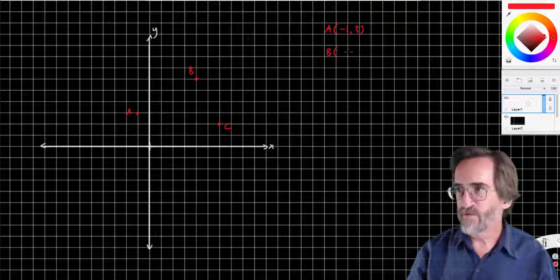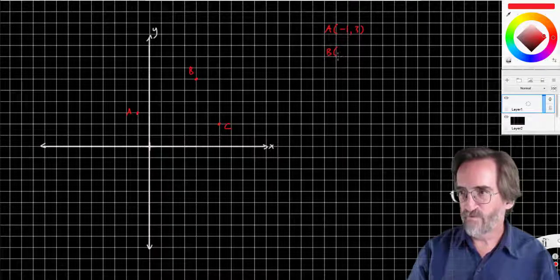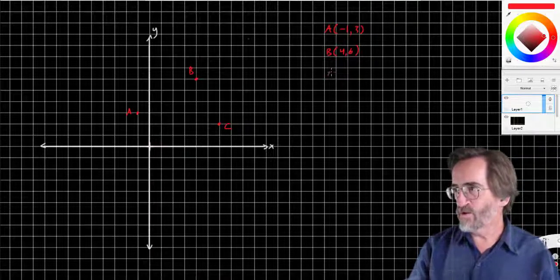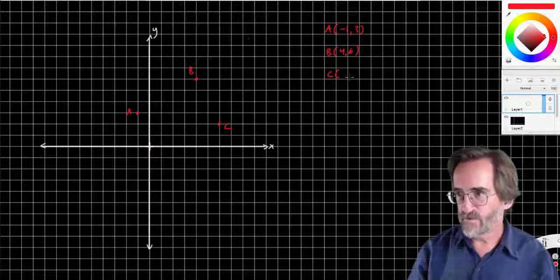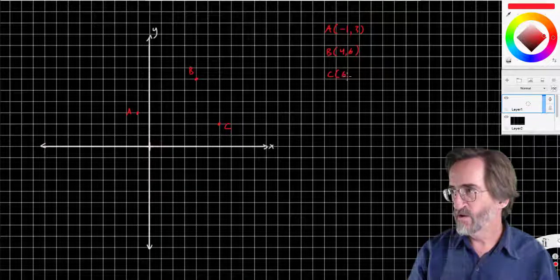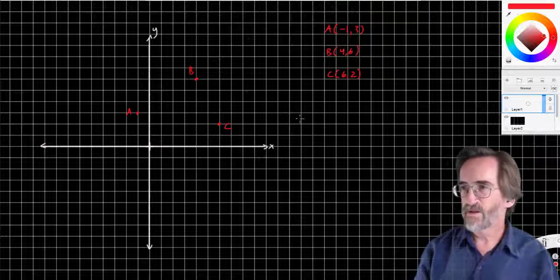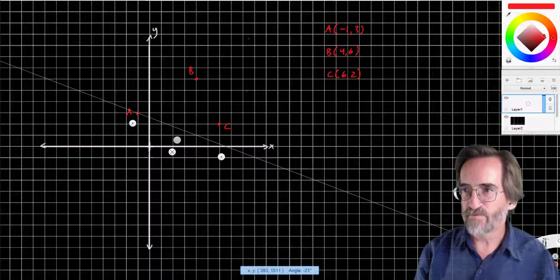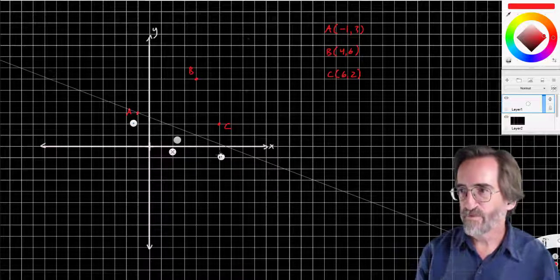Coordinates of B are 4, 6. And the coordinates of C are 6, 2. Okay, and let's connect the points so we can clearly see the shape of the triangle.